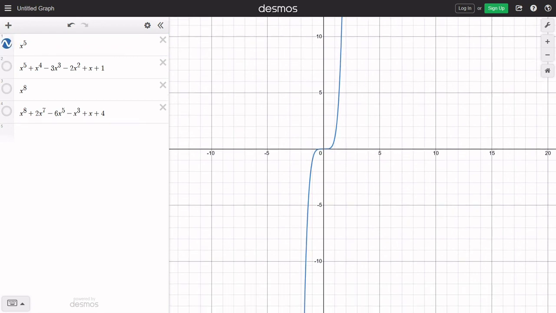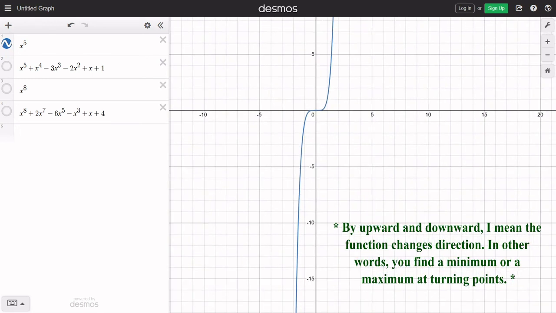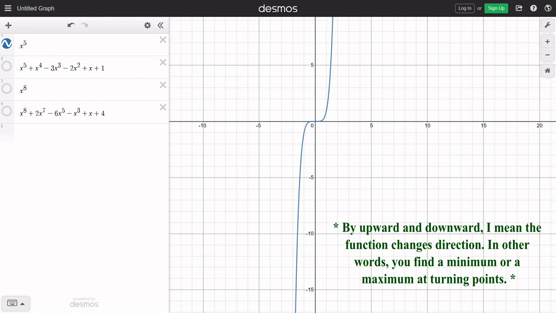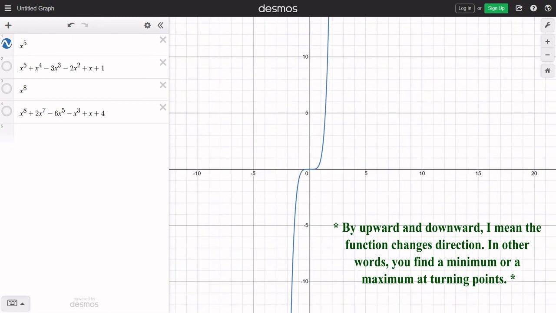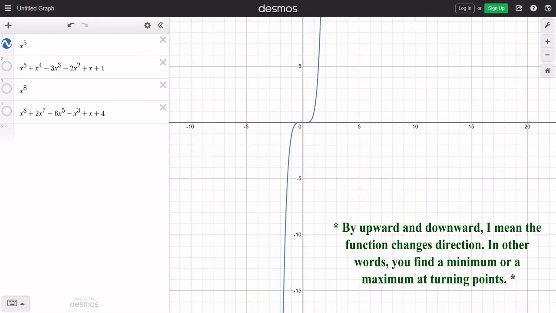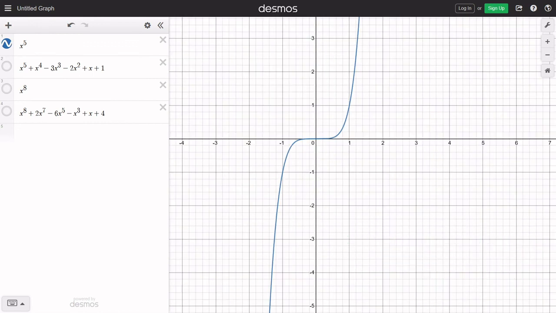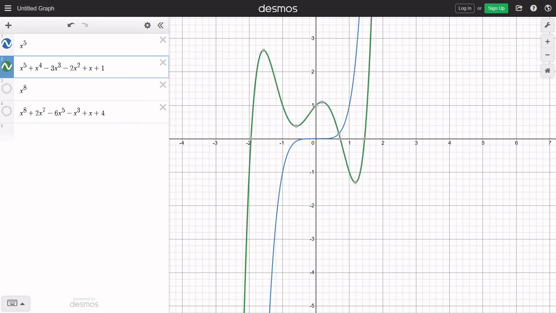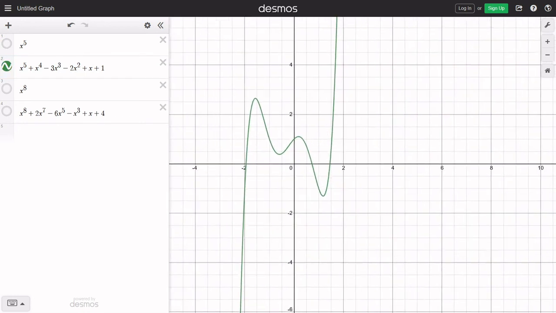Turning points are just where it shifts from going upward to downward. In this case, we have a function that's going up and up and up, and then it kind of levels off, and then it goes up again. There's not really any turning points there. Now, if I have a more interesting polynomial that has more terms in it, then you'll see here that there is a lot of turning points.